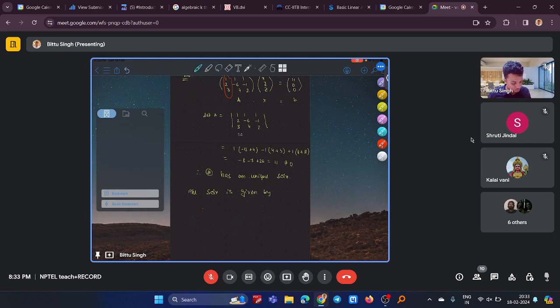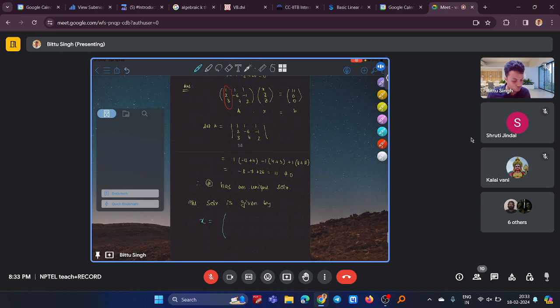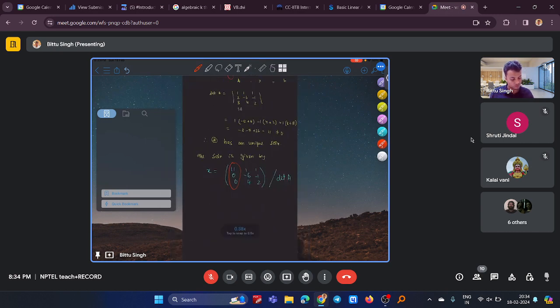x is the same as: replace the first column 1, 2, 3 by this 11, 0, 0. Replace the first column with b, small b. So it is 11, 0, 0, and except the first column, everything is the same, and divide it by the determinant. Sorry, the determinant of this thing also.